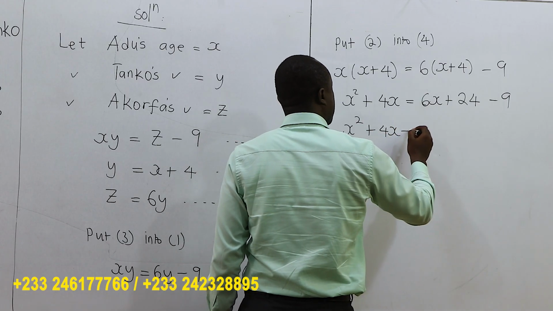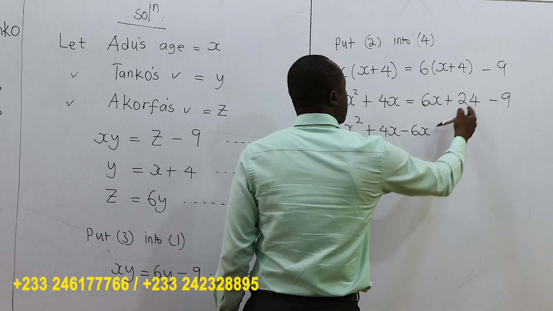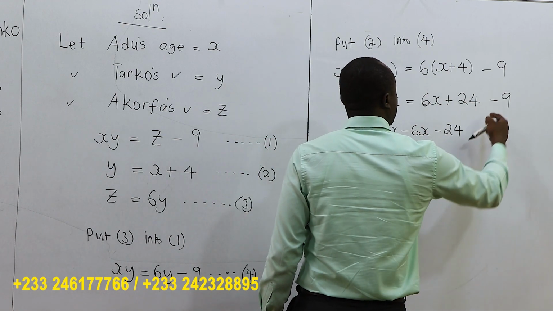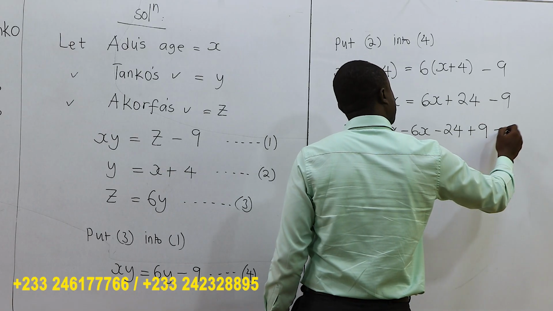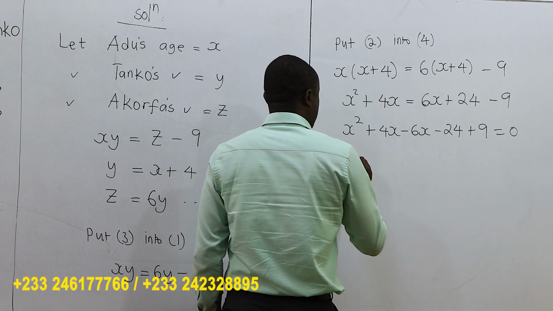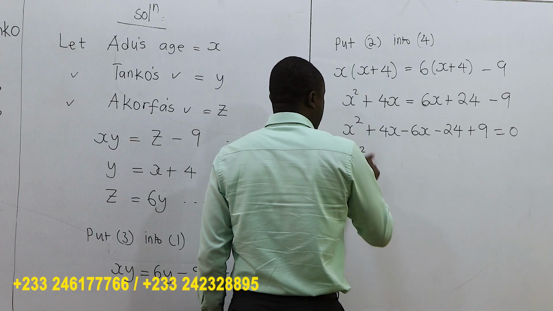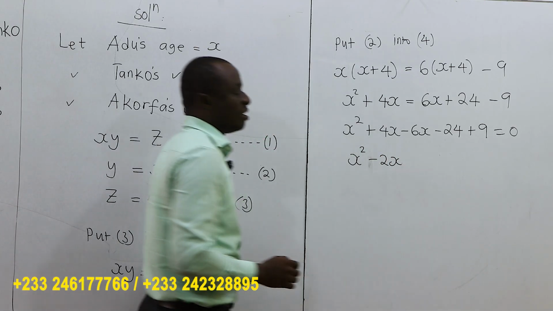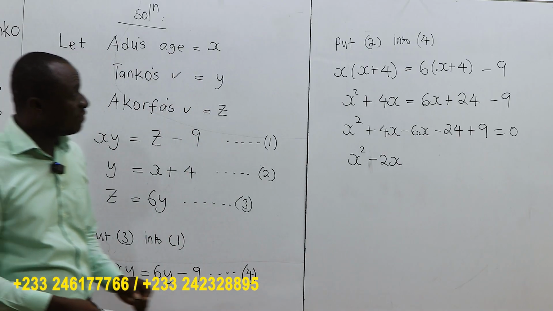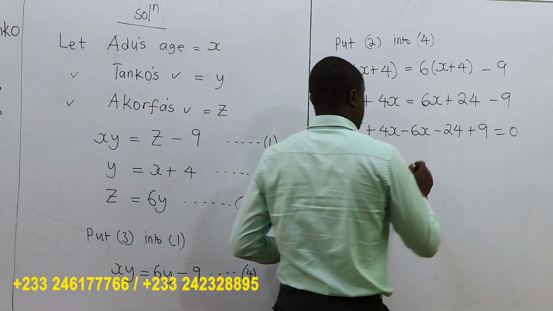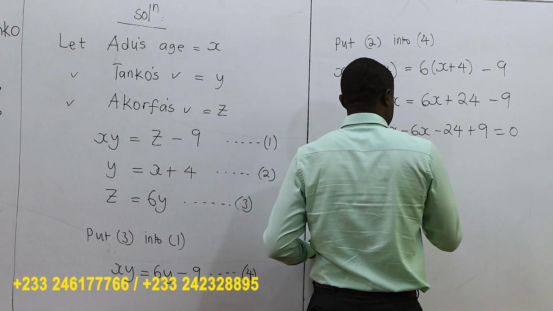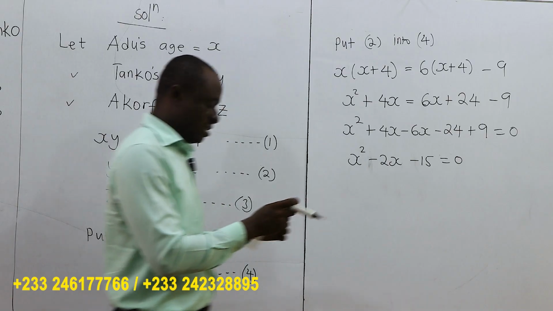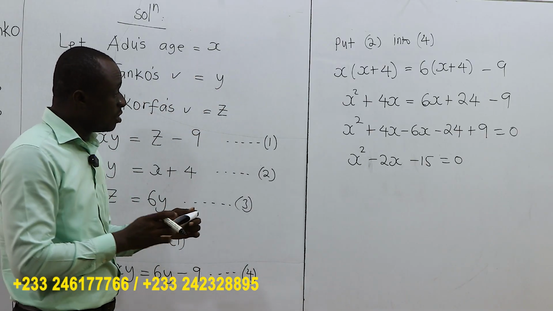This moving here, negative 6X. 24 is moving here, negative 24. This moving there, plus 9. And this is equal to 0. So we have X squared minus 2X, and negative 24 plus 9 is negative 15. So X squared minus 2X minus 15 equals 0.